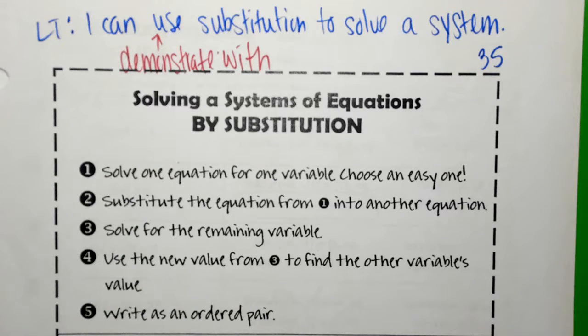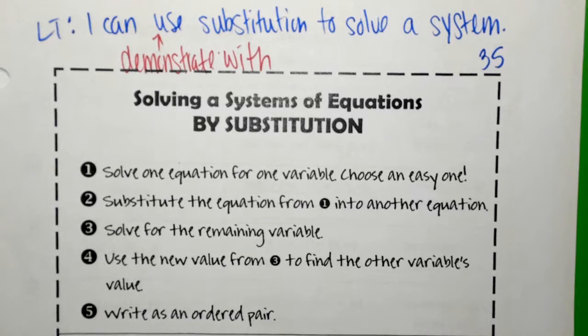I can interpret. Yes. I can, no, we would have to reword the whole thing. I can interpret a solution to a system by using substitution. We could do that. But you have to reword the whole thing.